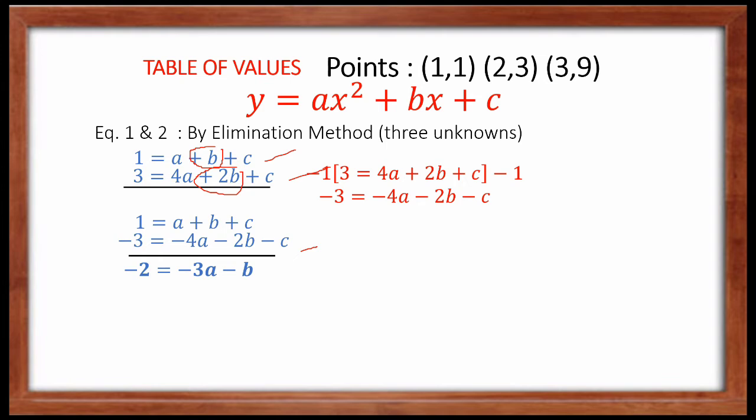And the result: 1 minus 3 is negative 2, a minus 4a is negative 3a, b minus 2b is negative b, c minus c equals 0.